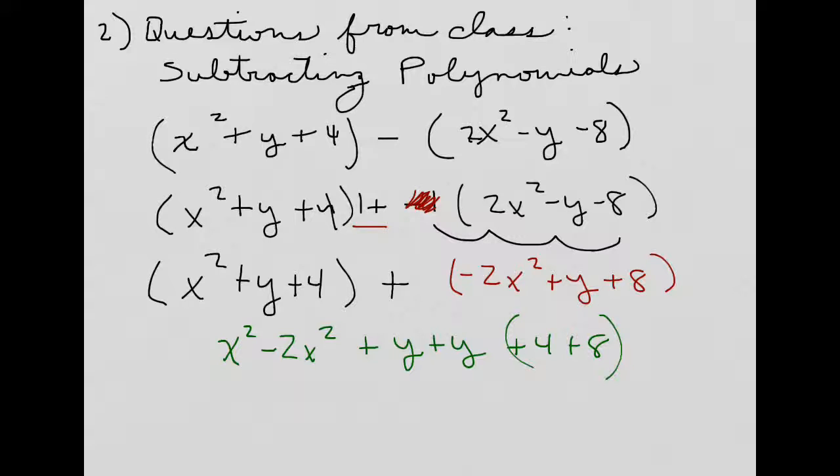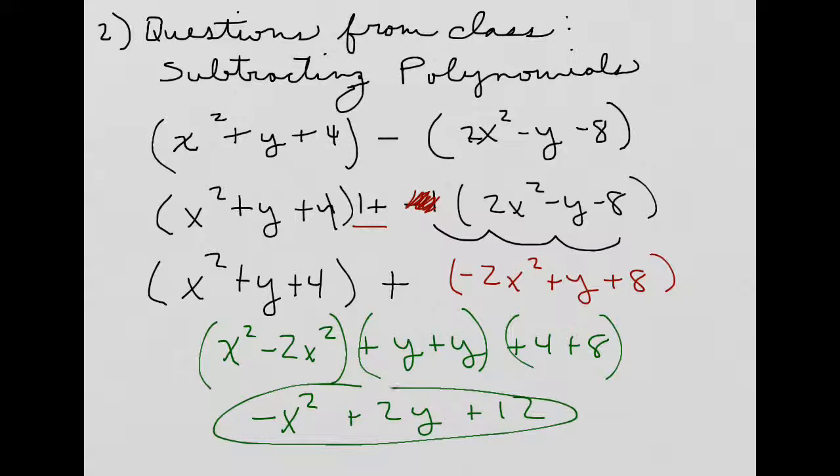So these are constants. They can be added together. These are the same term, like terms. And these are the like terms. So now all you do is simplify. X squared minus 2x squared goes to a negative x squared plus 2y plus 12. And that would be your simplified answer.